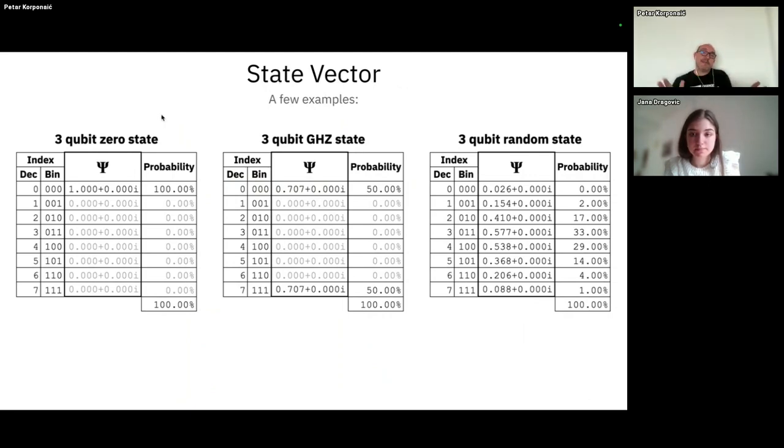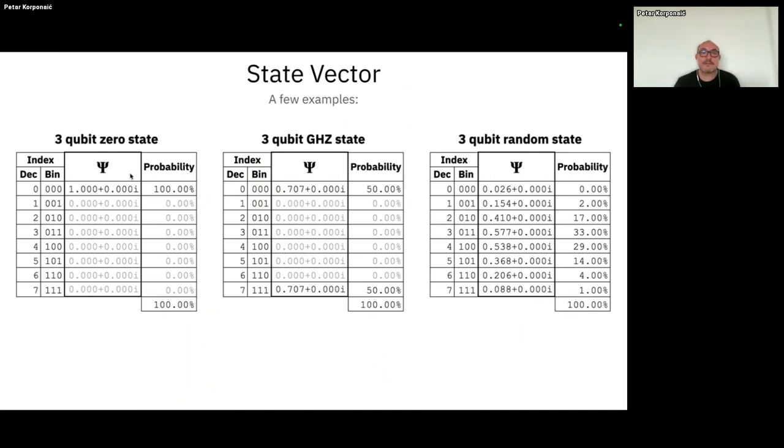One thing that I didn't say is that each possible outcome in quantum mechanics of a quantum system is actually a complex number. So we have a real and an imaginary part. And in the previous slide, I was talking about probability, but this probability is actually only the outcome which we can read when we measure the quantum system.